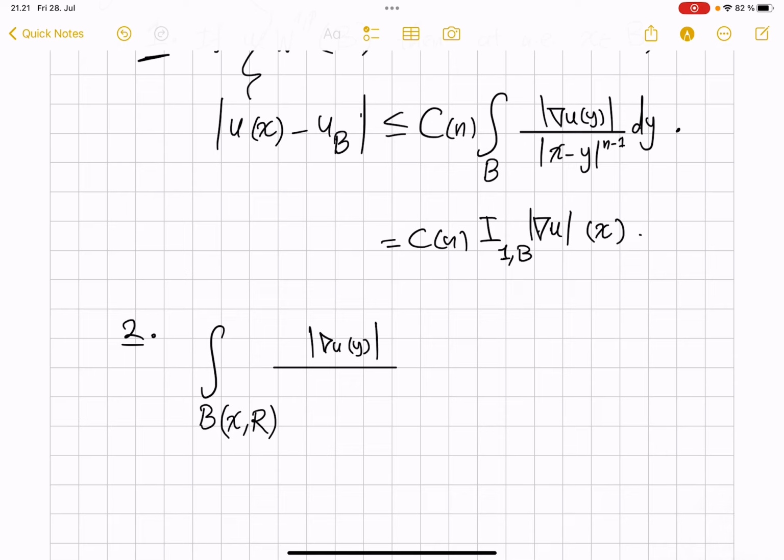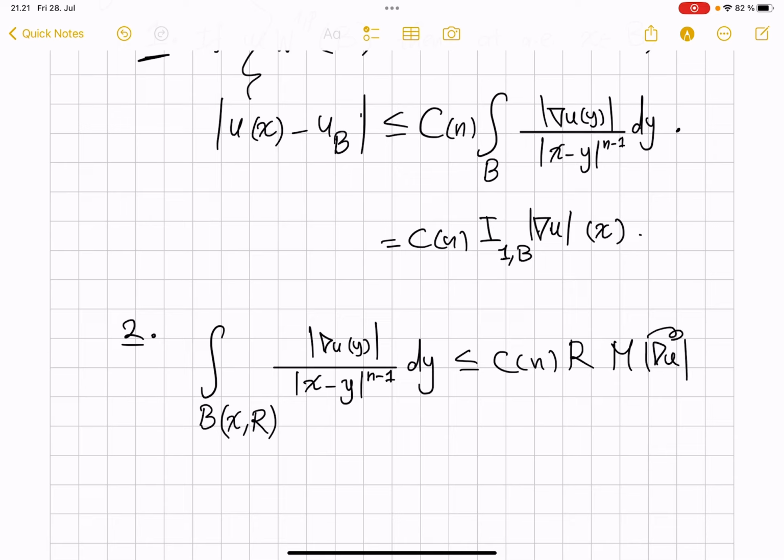This is just an inequality applied to Riesz potential of any function, not just gradients. It is less than some constant, again, that depends only on the dimension, times the radius r of this ball, and then the maximal function of the gradient of u.